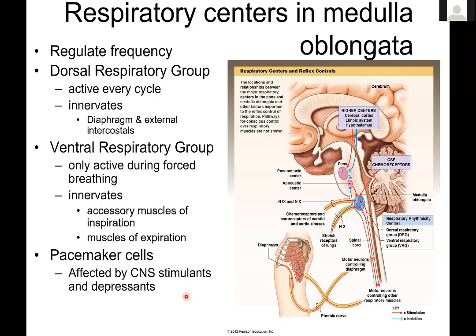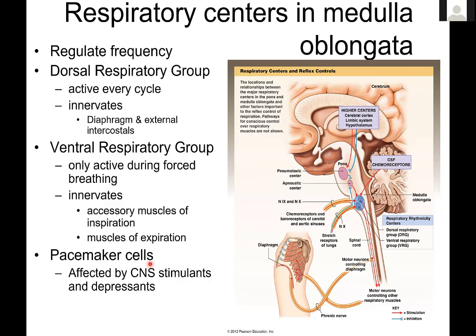often cause death by asphyxiation, wherein someone uses the drug, gets high, and basically just loses consciousness and stops breathing. Why do they stop breathing? Well, ordinarily, if you're asleep, your dorsal respiratory group is still active.